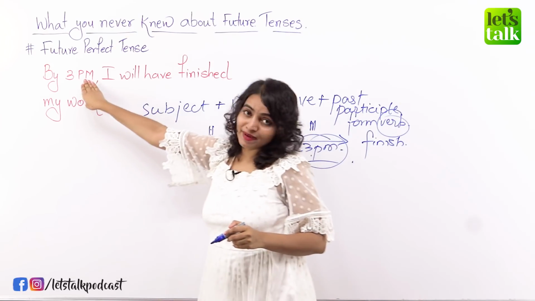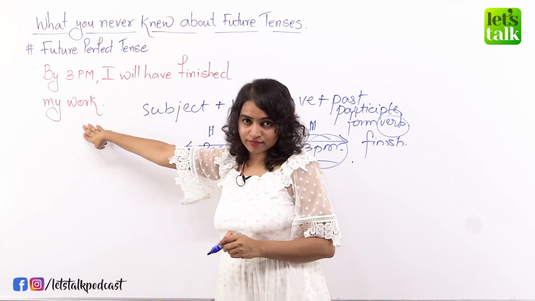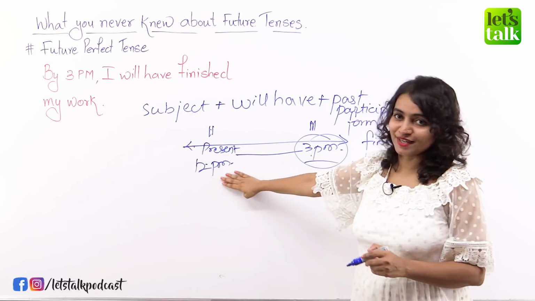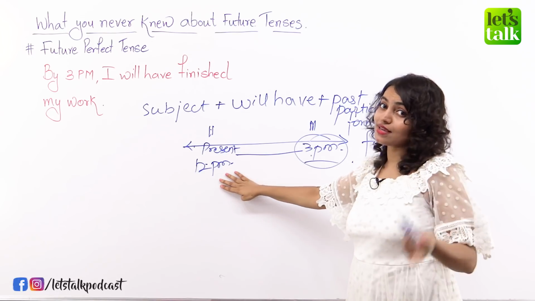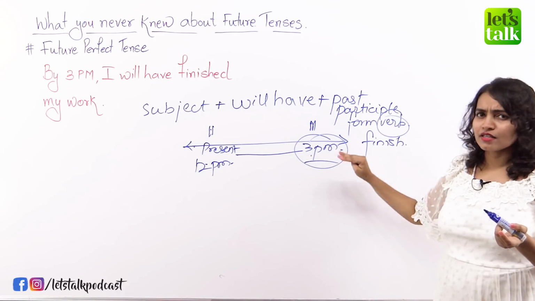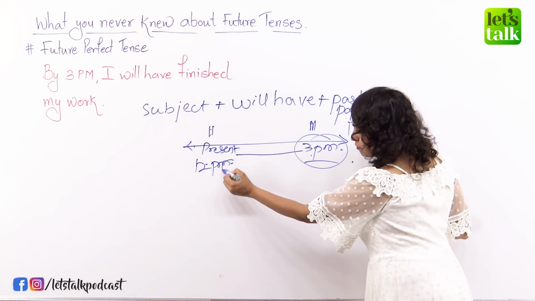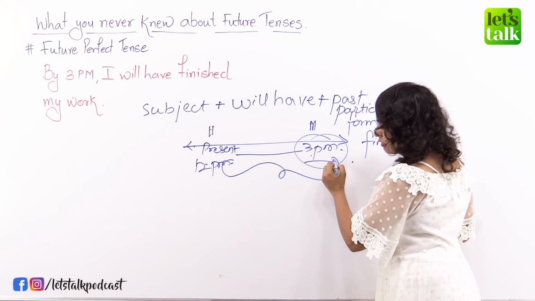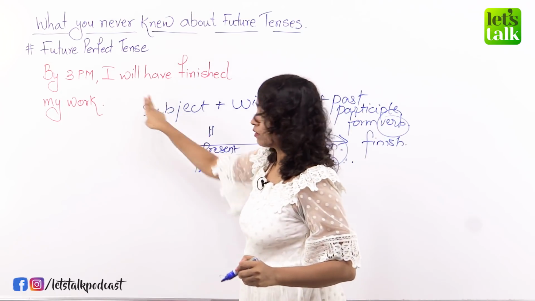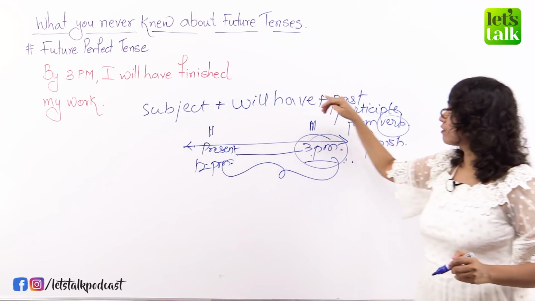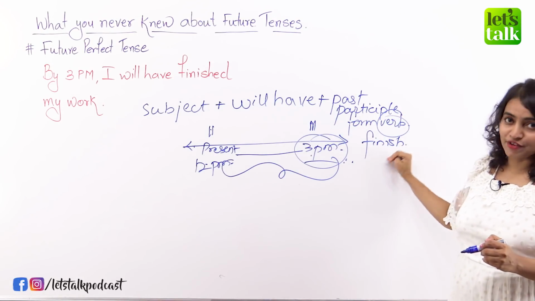So by 3 p.m., I will have finished my homework or my work. It is 12 p.m. right now. I'm talking about a future event that is going to happen at a certain point, and that future event may happen at any time from the present until the future time. And therefore I say I, subject, will have, and then I use the past participle of the verb finish.